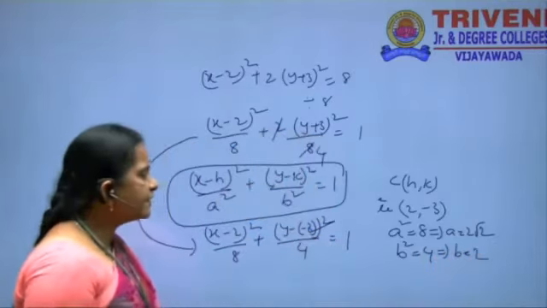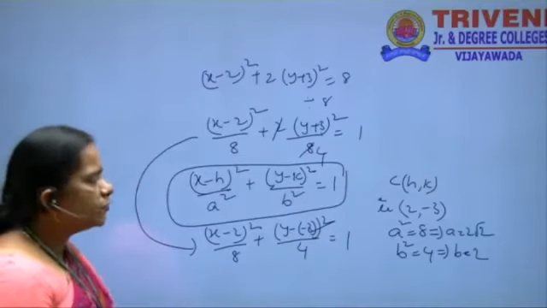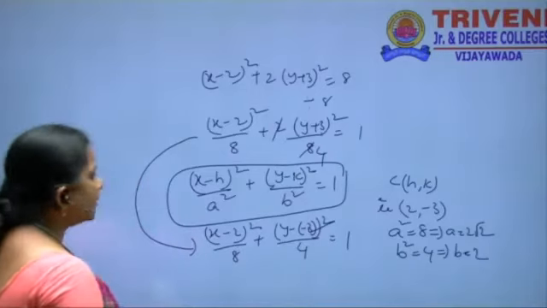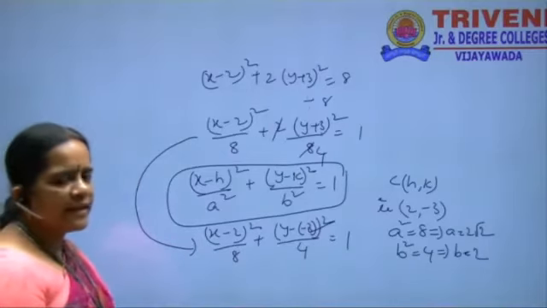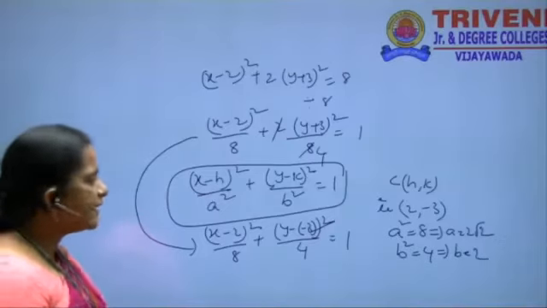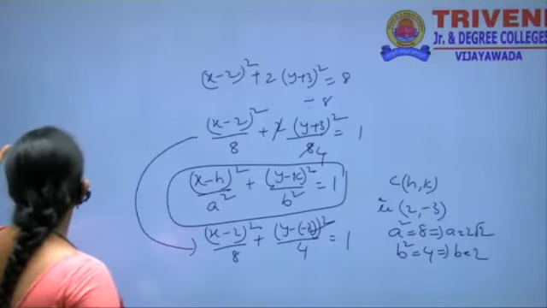Then the center is 2 comma minus 3 and the value of a is 2 root 2 and b is 2 here. Then we have to find the values of the center, equation of the directrices, length of the major axis and minor axis, and eccentricities also.